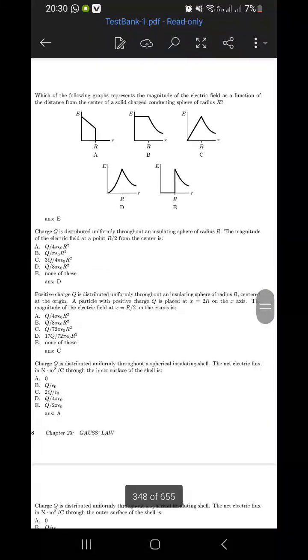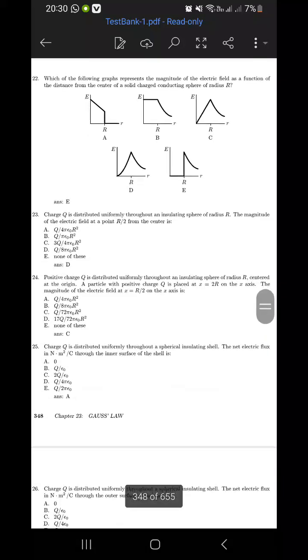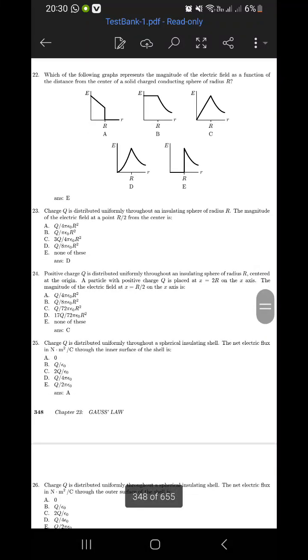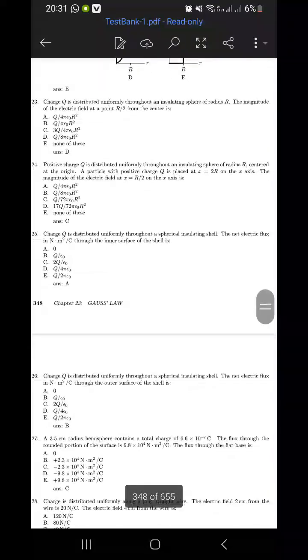Charge Q is distributed uniformly throughout an insulating sphere of radius r. The magnitude of the electric field at a point r/2 from the center is D, Q over 8 pi epsilon-naught r squared. Positive charge Q is distributed uniformly throughout an insulating sphere of radius r centered at the origin.